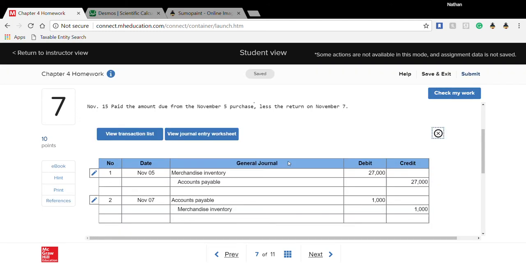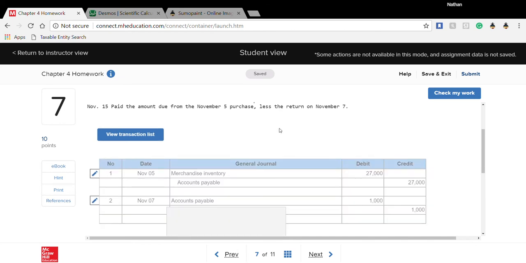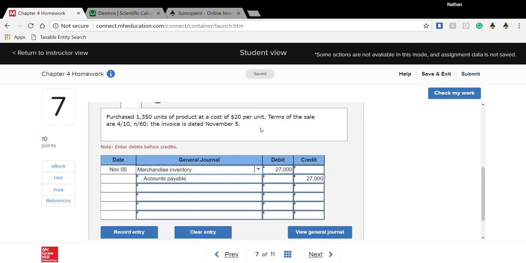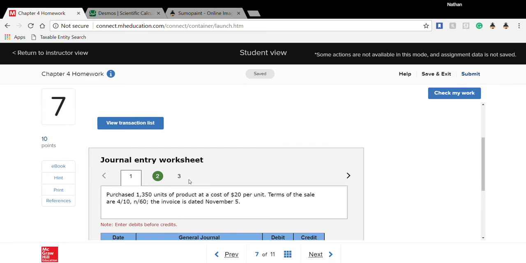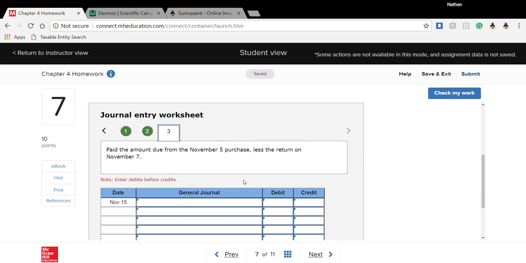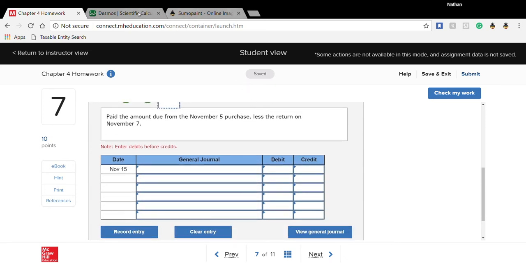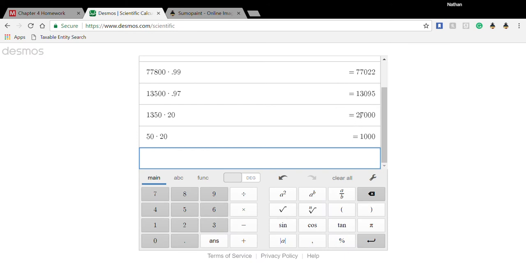So next one is going to be the discount itself. First off, we're going to have to figure out how much of accounts payable we still have. For my problem, it's going to be easy. We have 27,000 minus the 1,000.